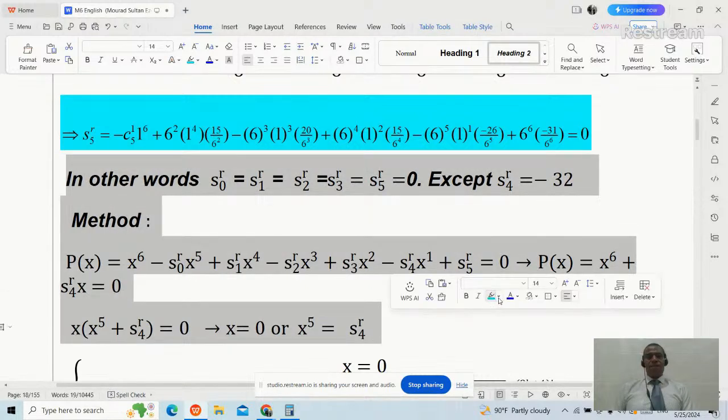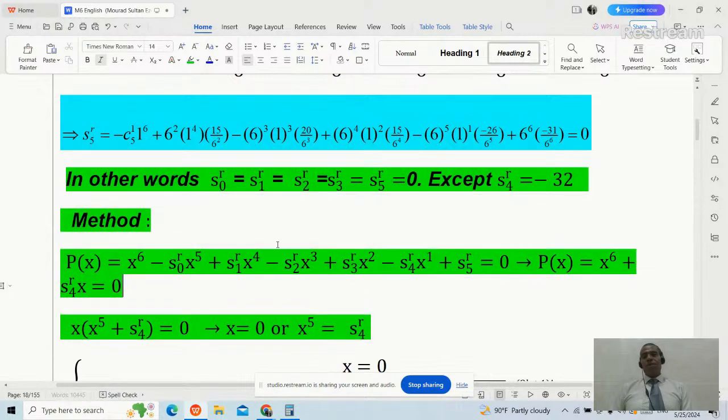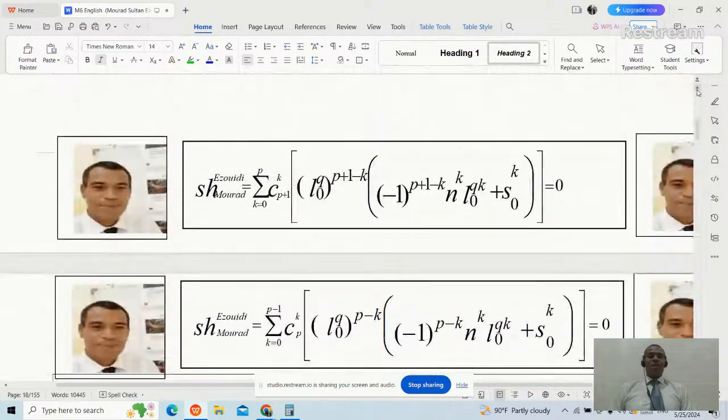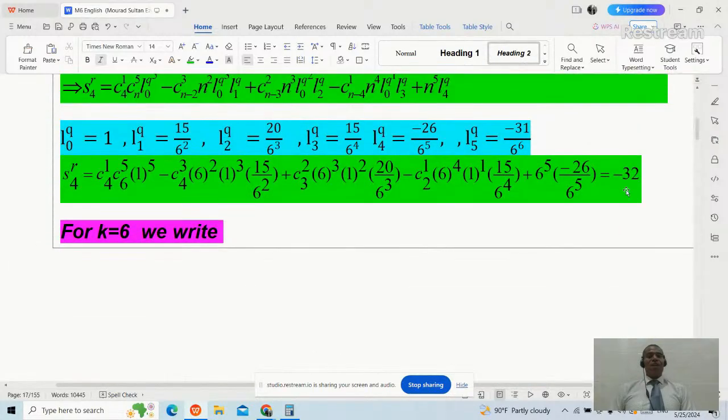In other words, S0 equals S1 equals S2 equals S3 equals S5 equals 0, except S4, that we calculated before, and we found that it is negative 32. That is negative 32.